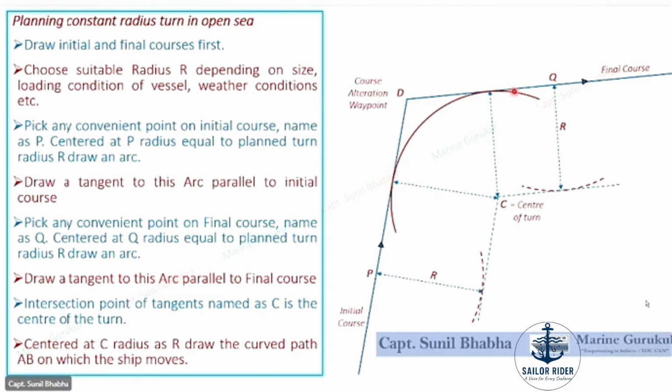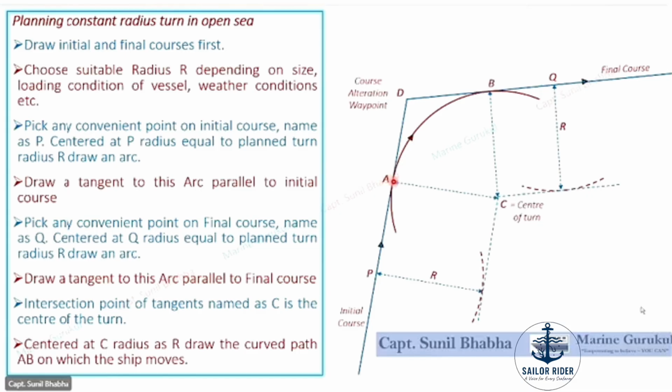You will see this arc will be touching the initial and final courses, depicting the curved path where the ship is going to move. So you can see that we did not have a reference point at our center, and using this technique we have obtained the center of our turn, and we have also plotted the curved path on which the ship will be moving.